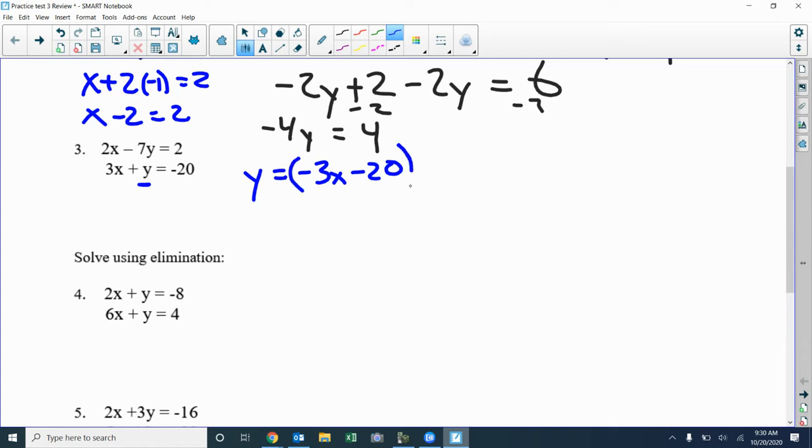I'm going to put him in brackets because I'm going to have to substitute him in where Y is right here. So that's going to be 2X minus 7. I'm substituting in now. Okay. And what am I equal to? 2.